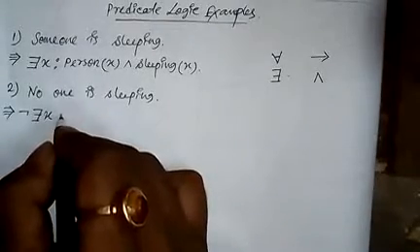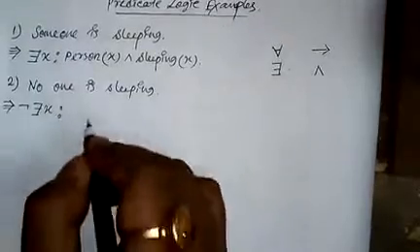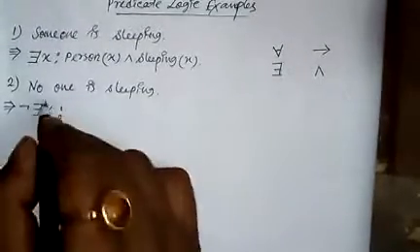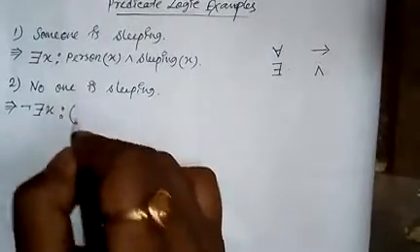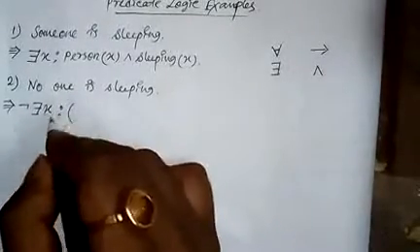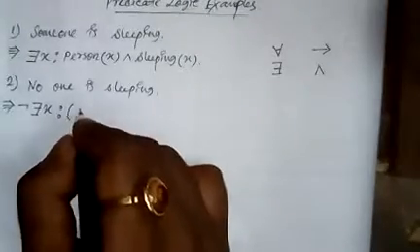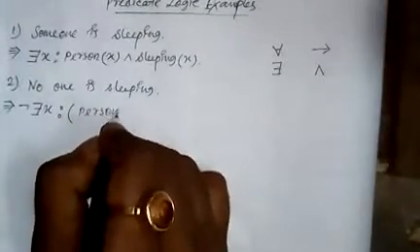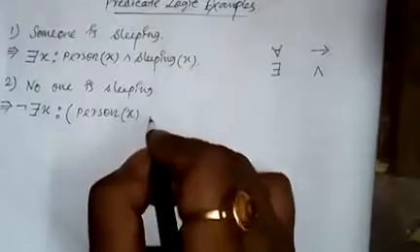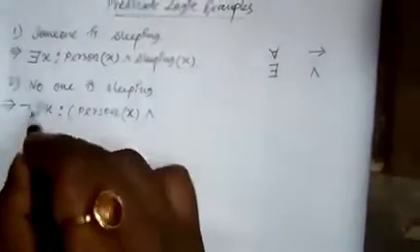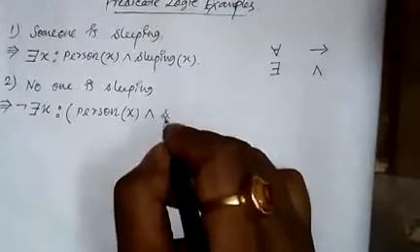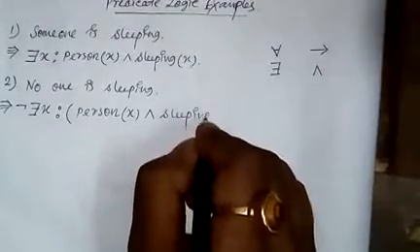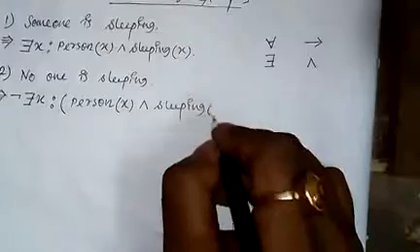And as it is said, no one is sleeping, we have to write x must be a person, person(x), and as we are using there exists, we have to use and sleeping(x).